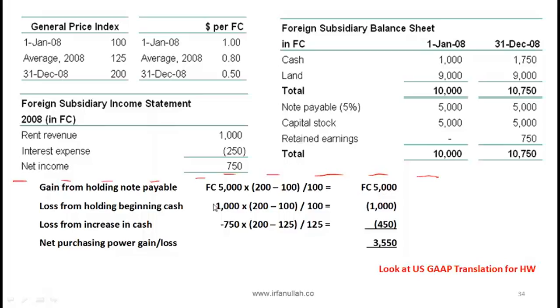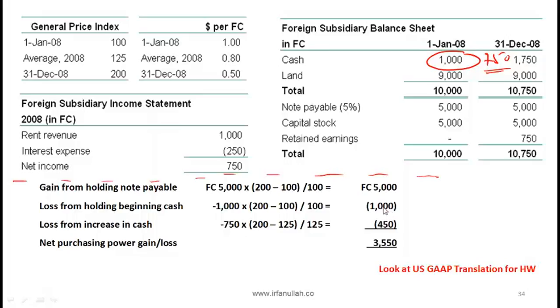What about the cash? Now, cash needs to be broken into two components. We need to see how much cash we had at the start of the year, which was 1000, and then how much cash did we make during the course of the year, which is 750. Again, in terms of the 1000 that I had at the start of the year, how much buying power did I lose? I lost half. The way you can think of it is the buying power loss is 1,000.